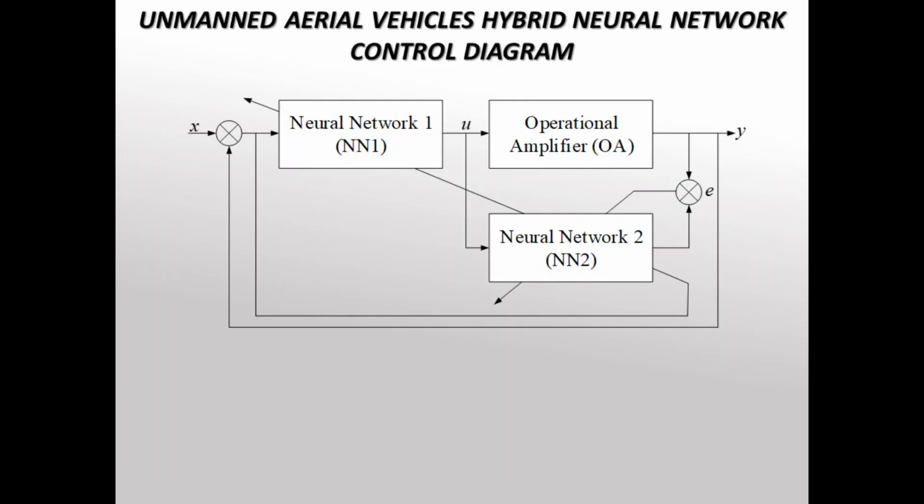The unmanned aerial vehicles control system with the properties necessary for use in more complex order control systems can be an intellectual control system, or a hybrid neural controller. This figure shows an unmanned aerial vehicles hybrid neural network control diagram, which was developed by this authors group.